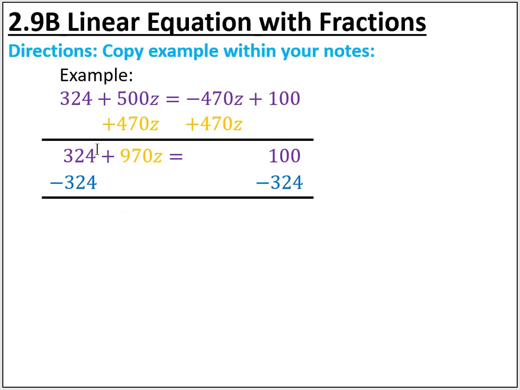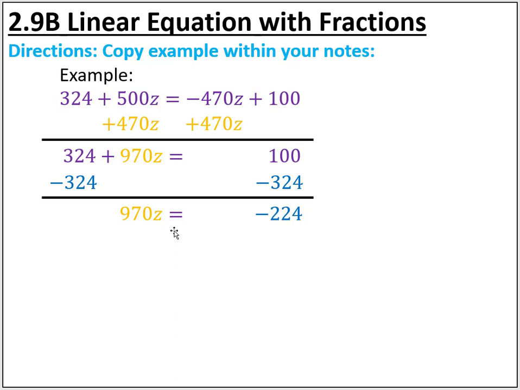So that's going to cancel out 324 on the left side. And then on the right side, 100 minus 324, that will be negative 224. So I repeat, negative 224 on the right side, and I brought down 970z.